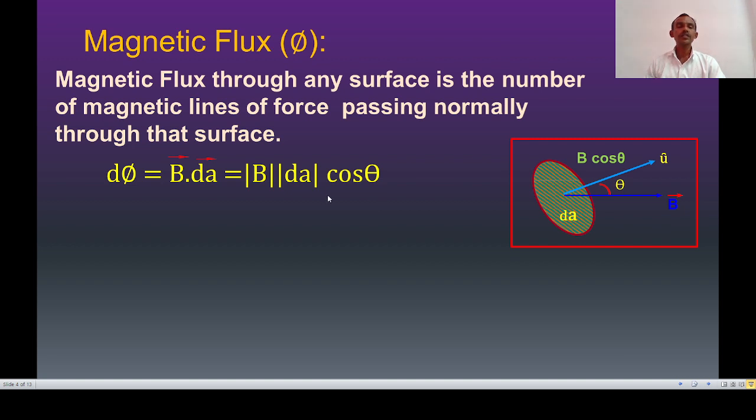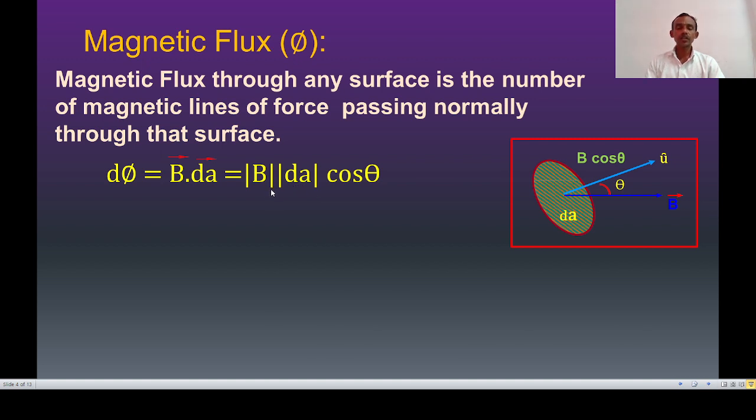From this equation, we conclude that magnetic flux depends on the magnetic field, on the magnitude of area, and also on the angle between the B bar vector and the area vector. And B cos theta is the component of B bar in the direction of the area vector.